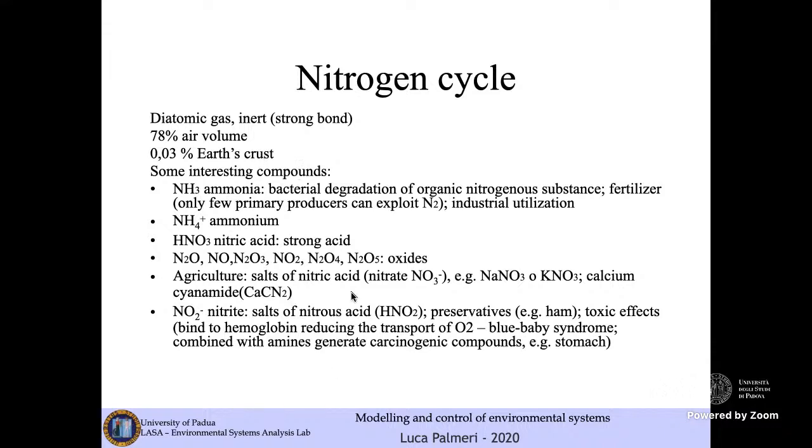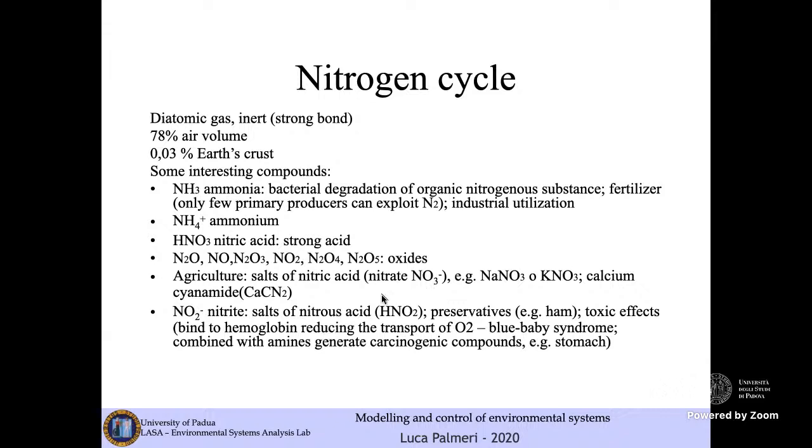Then agricultural salts, like, for example, nitric acid, or sodium nitrate, or calcium cyanamide, and so on, are all compounds of nitrogen that are of utmost relevance for biological processes.